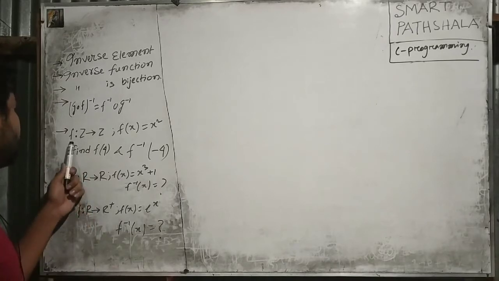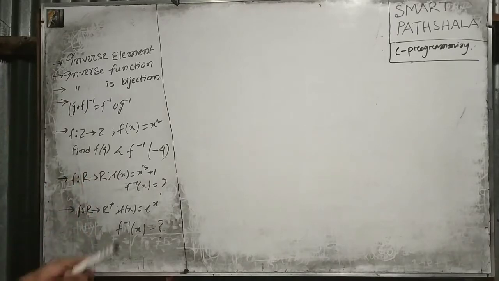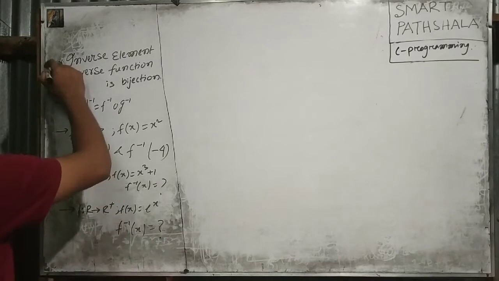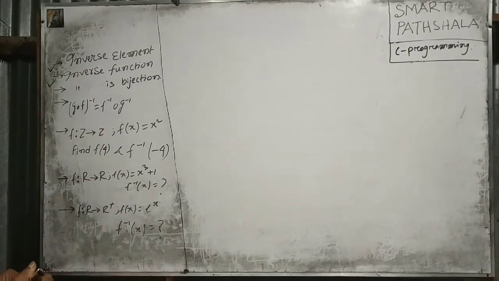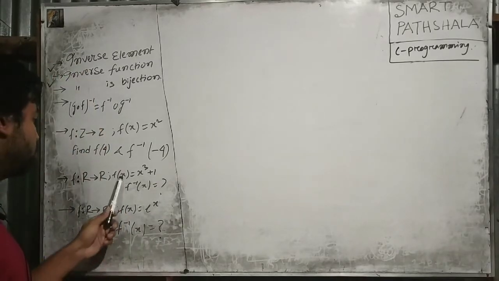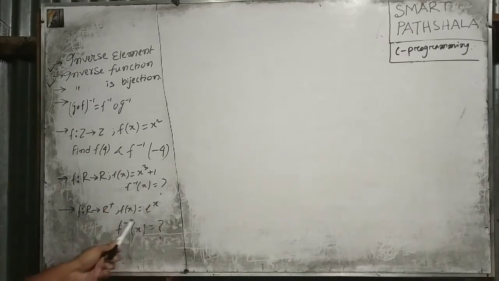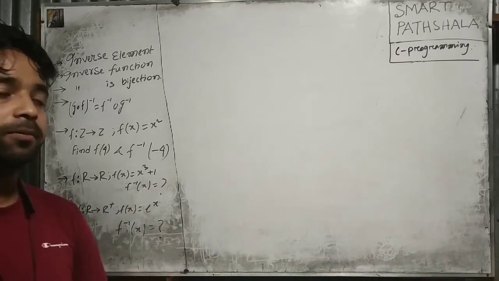And another thing is that we will solve two or three problems which will contain some of the topics here, inverse element and the inverse function. We will find the inverse function of these two functions. One is an exponential function and another is a cubic function.